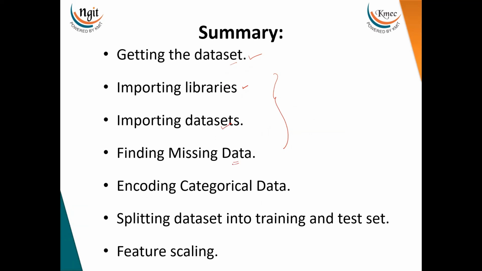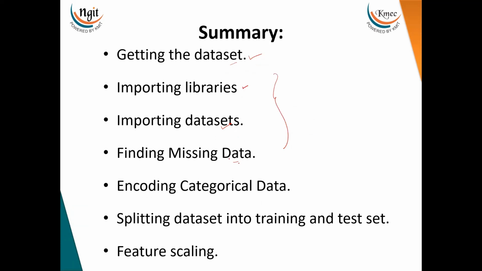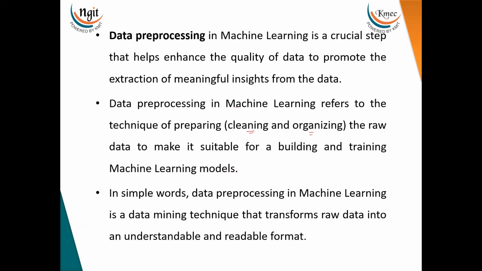Next, we are going to find the missing data, if any. Not all data sets are going to have missing data, but there is a chance that some data might be missing. Then encoding categorical data, splitting the data set into training and testing, and feature scaling. Let us describe each and every step in detail one by one.